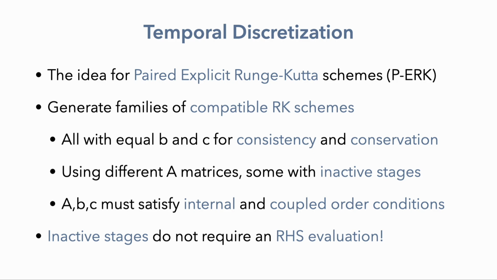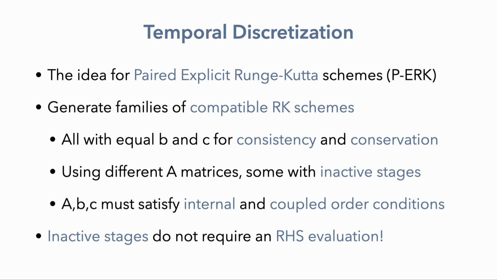Now the trick with P-ERK schemes is that while we have the same B and C vector, we're going to use different A matrices. And some members of a P-ERK family will have what we call inactive stages, essentially stages where we're not going to evaluate the right-hand side. So we're going to essentially skip evaluating the right-hand side for a stage, reducing cost.